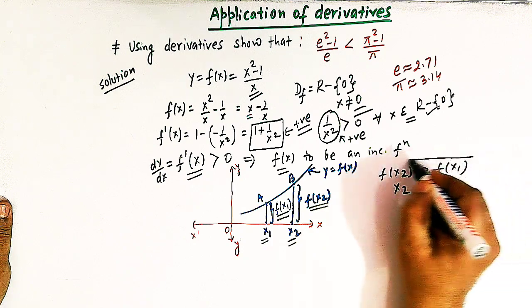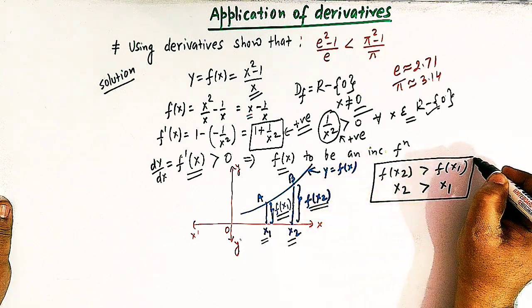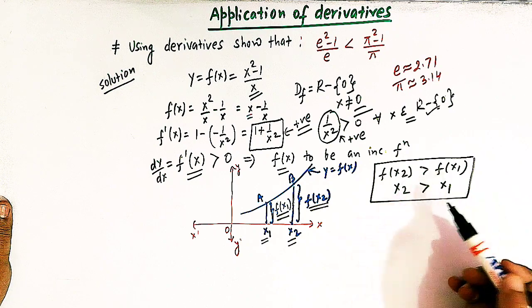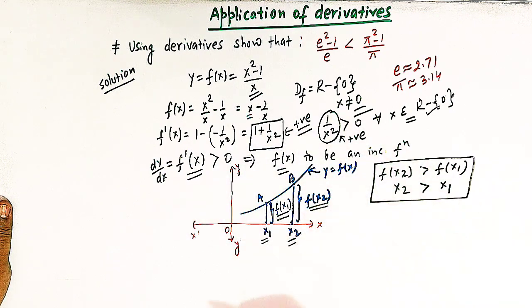This is the definition of a strictly increasing function, where x1 and x2 belong to the domain of the function.